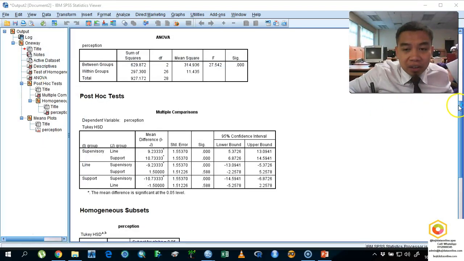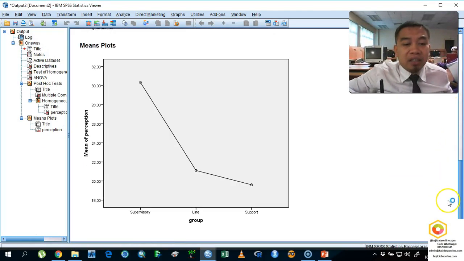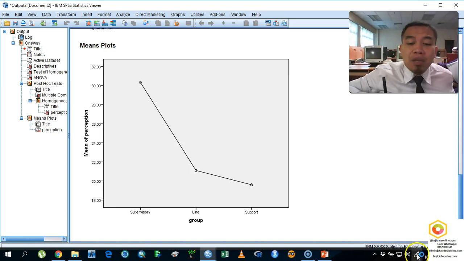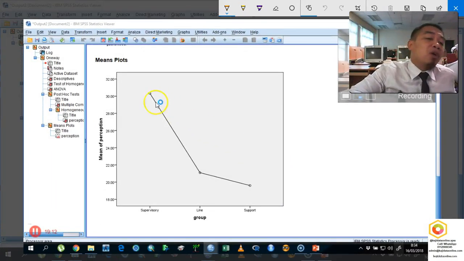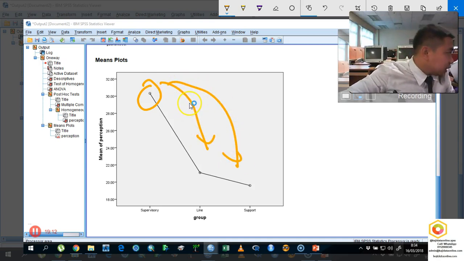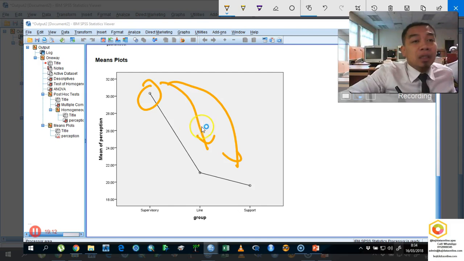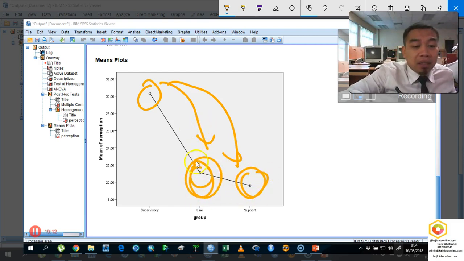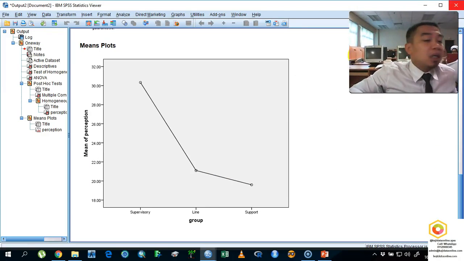If you can see it more clearly inside this one, we call it a means plot. Therefore, we produce the means plot so that you can see that supervisor with line and supervisor with support have huge differences. Unfortunately, the not significant one is the line and the support. So that means the line group and the support group probably have similar perceptions towards the management.